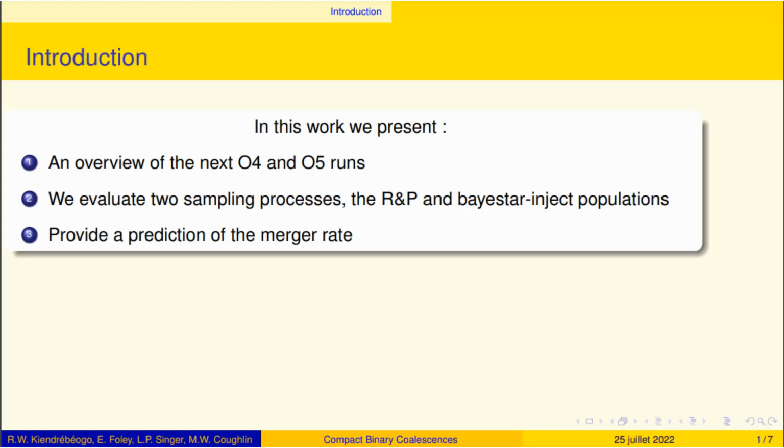As I said, we can attempt to localize these things using sky maps, which Andrew talked about, and you'll get to try your hand at today. And after this, we generate a lot of helpful statistics, which we can make publicly available, one of which is a prediction of the merger rate, which I'll get into later. And all of this is in the hopes that we can be better equipped to detect some kilonova in the next observing run. And there are two different ways of generating source populations, which I'll get into later, the RNP and Bayestar-inject methods.